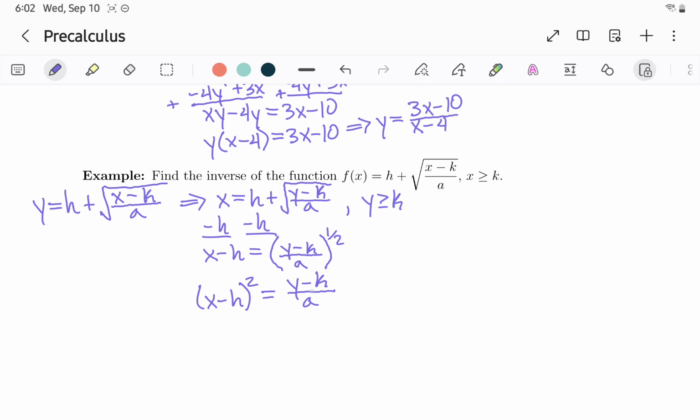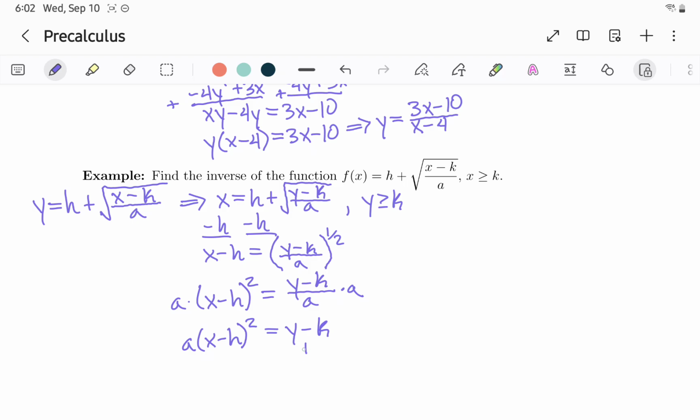So let's try to solve for y. The first thing we want to do is multiply both sides by a. So multiplying both sides by a, we are going to have a times (x minus h) squared on the left-hand side, and on the right-hand side, the a's will cancel, so we just have y minus k.